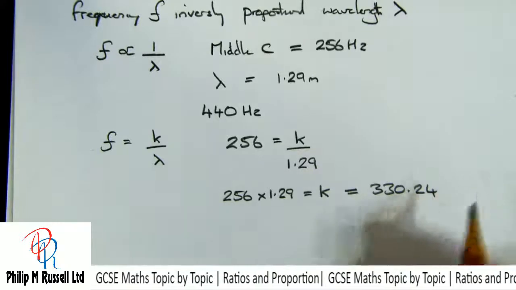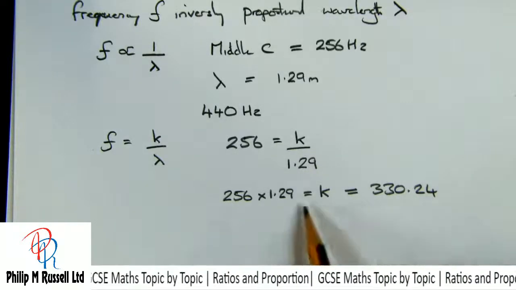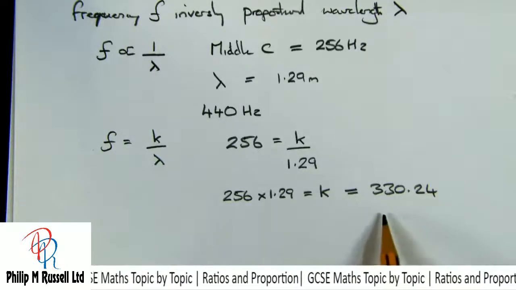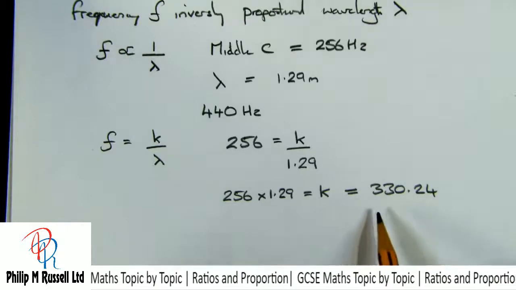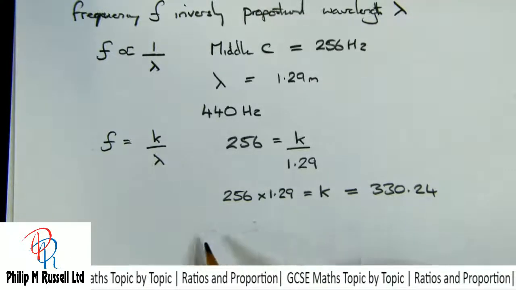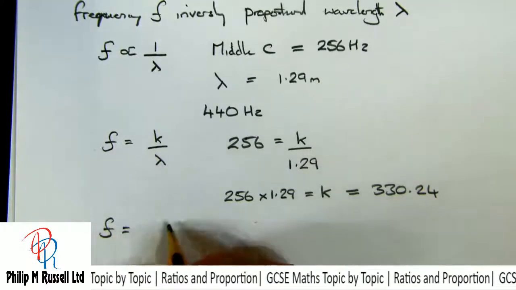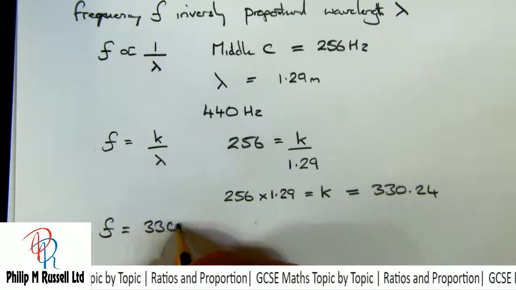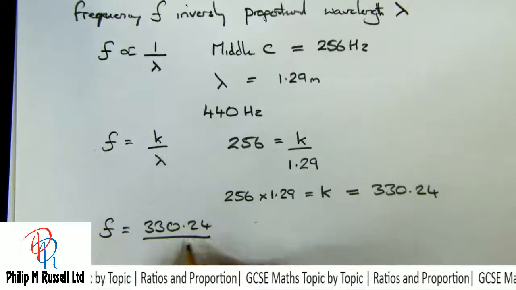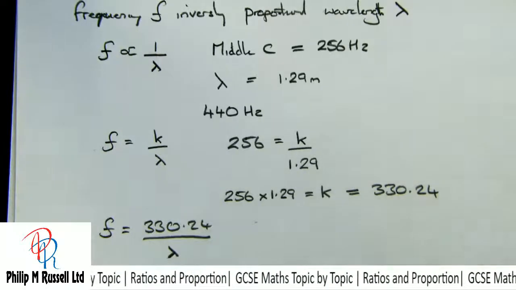We're going to leave it as it is because we want to get as much accuracy as we can, and we only round right at the end. Let's write my formula out then. So my frequency equals 330.24 divided by lambda.